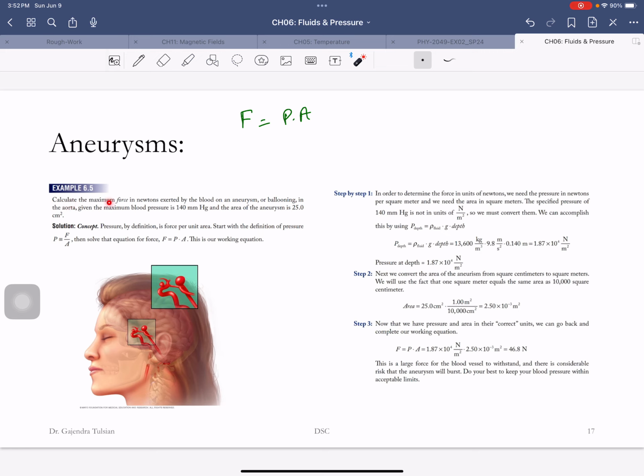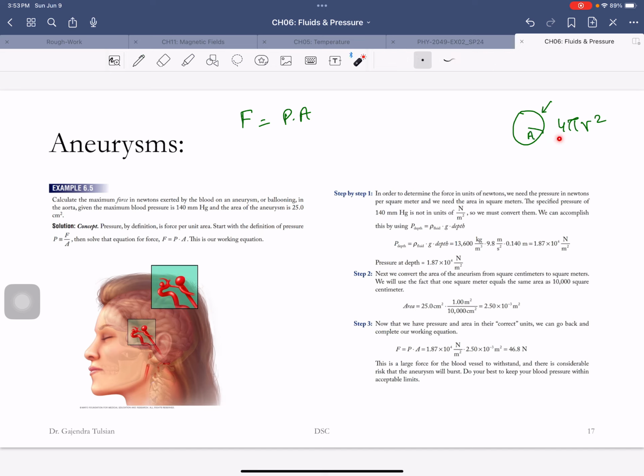So calculate the maximum force in newtons exerted by the blood on an aneurysm ballooning in the aorta, given the maximum blood pressure is 140 millimeters of mercury, so slightly high pressure. The area of the aneurysm is 25 centimeters squared. The surface area of a balloon is given by 4 pi r squared, where r is the radius.